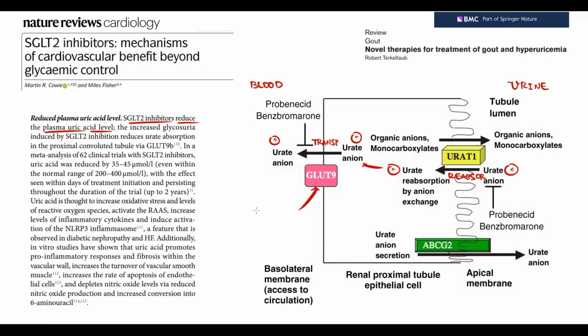It is believed that SGLT2 inhibitors can block the GLUT9 transporter, and without it, the transportation of urate anion into the blood decreases. As a result, the level of uric acid in the blood decreases. So it's the mechanism how SGLT2 inhibitors reduce plasma uric acid level.